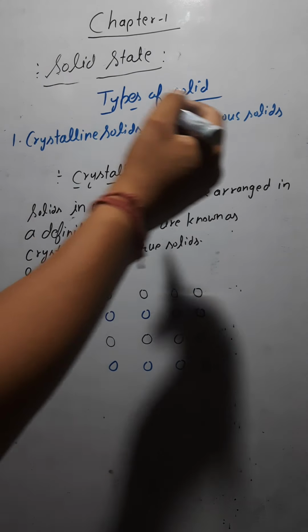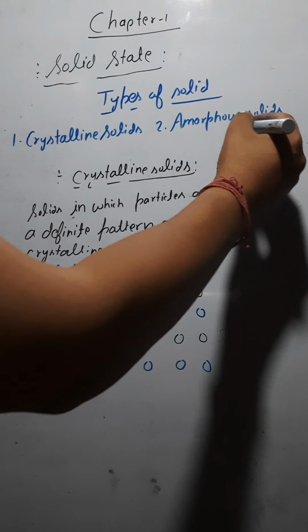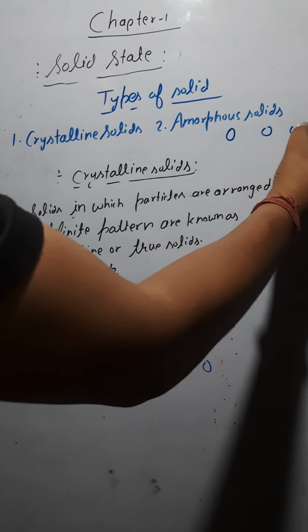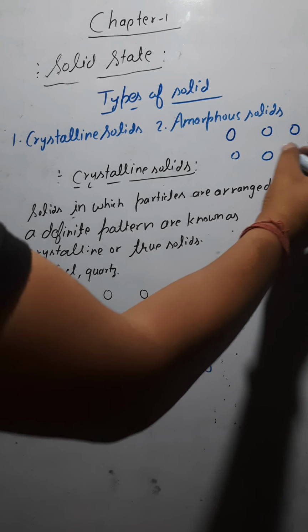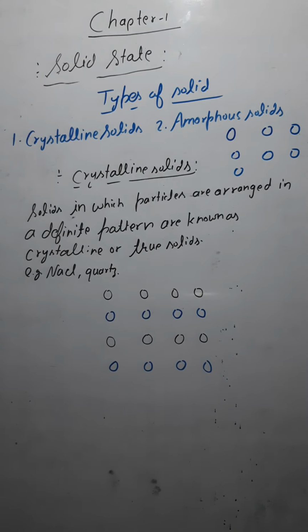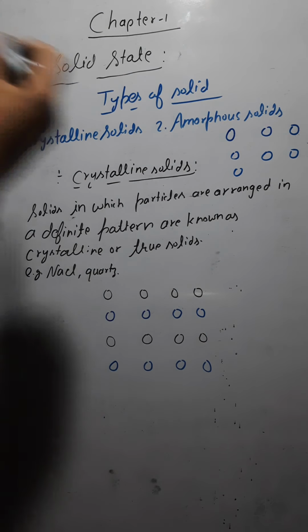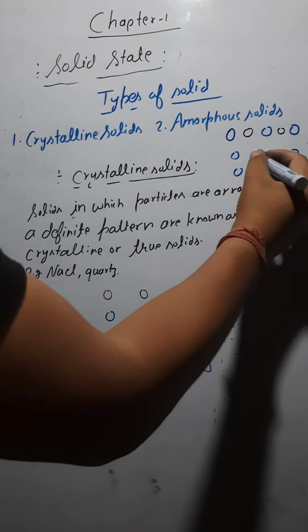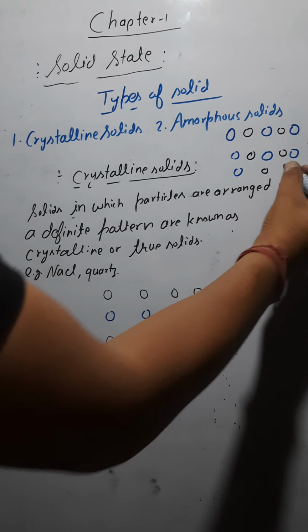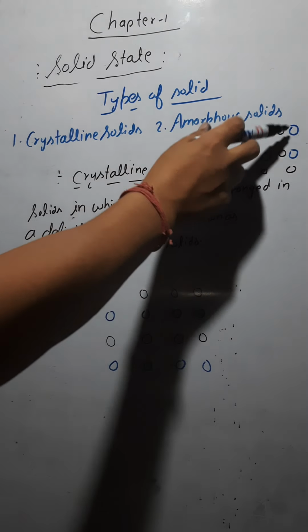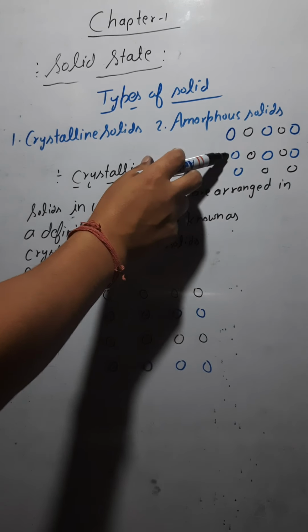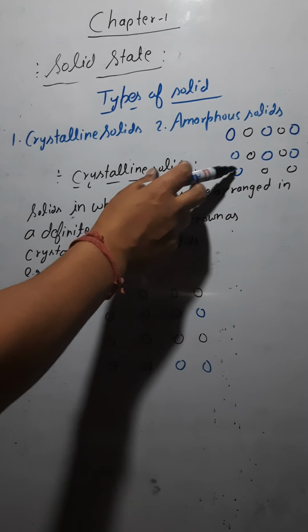Here the particles would be arranged not in a proper definite order. If you can see, blue, black, blue, black, blue, black, blue, then blue, black, then again blue comes, blue, black, black.